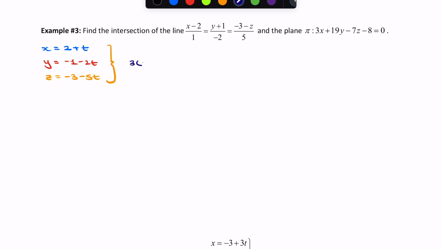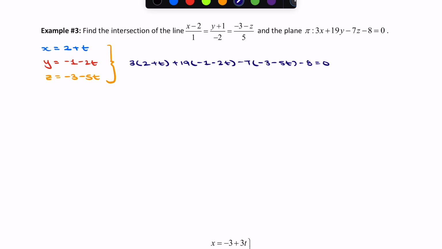Here we'll get 3 times (2 plus t) plus 19 times (negative 1 minus 2t) minus 7 times (negative 3 minus 5t) minus 8 is equal to 0.